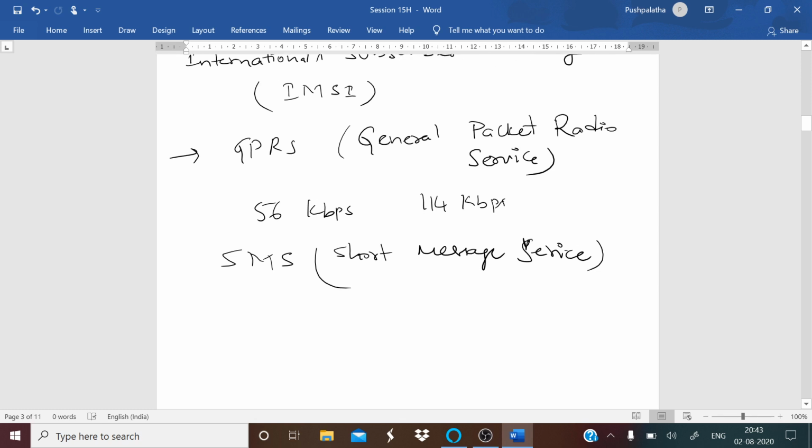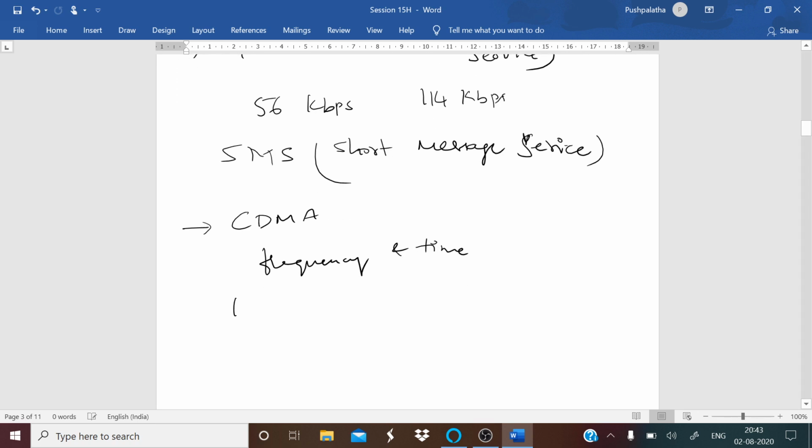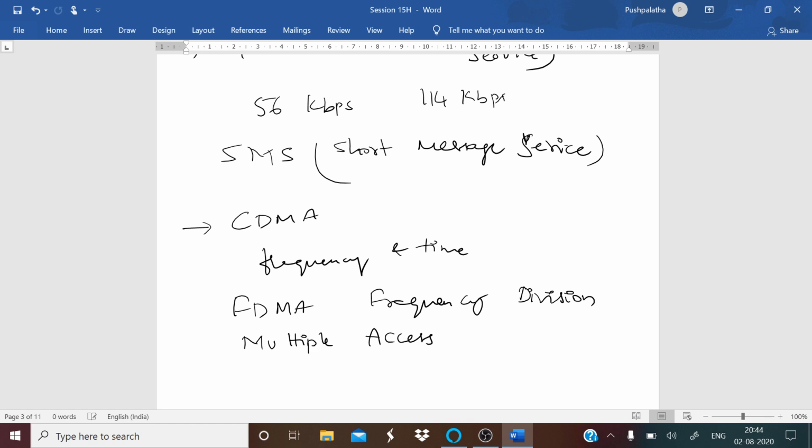And you have your CDMA. A radio system always uses two different types of resources, that is your frequency and time. In frequency division, that is FDMA, frequency division multiple access, a particular frequency is allotted for the server.